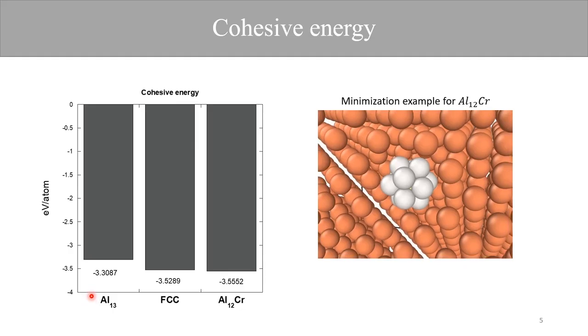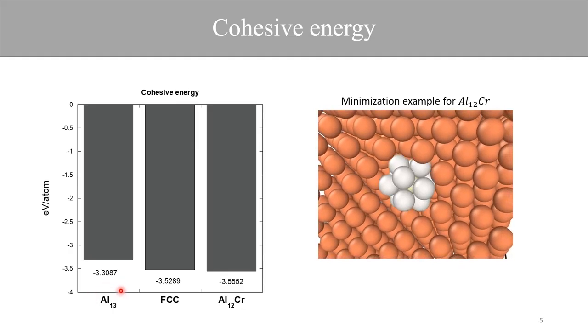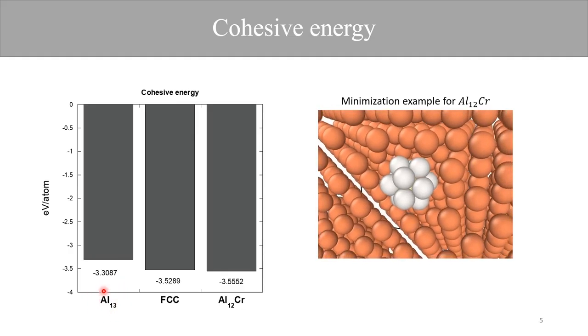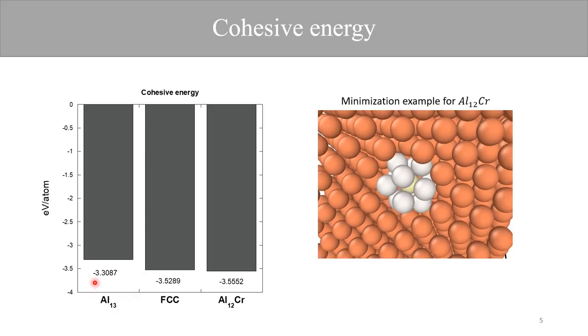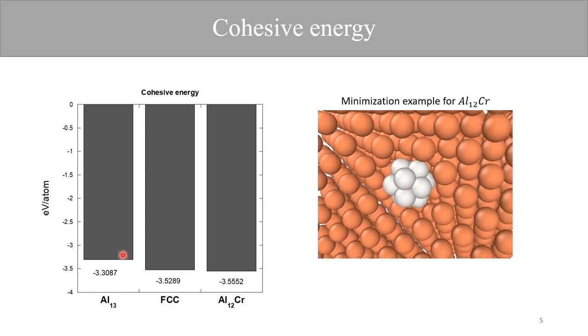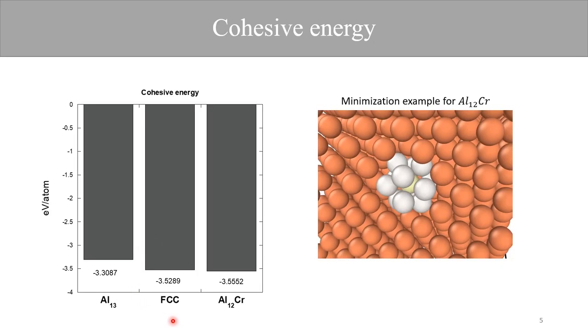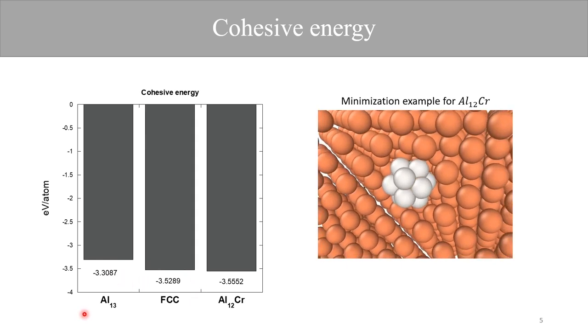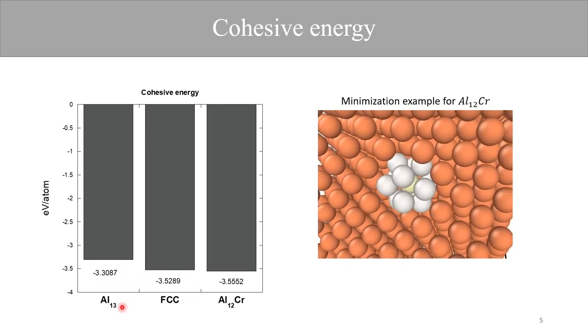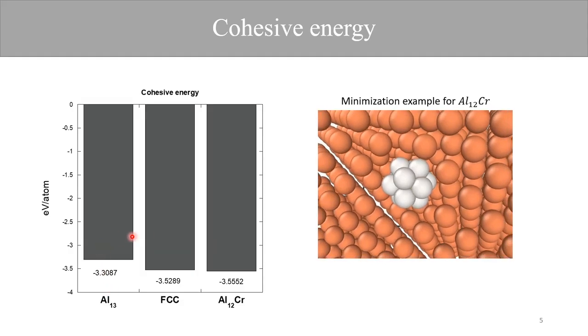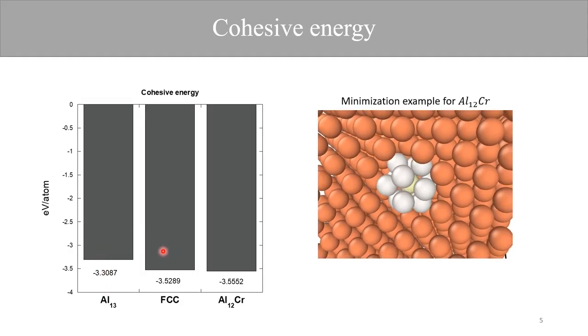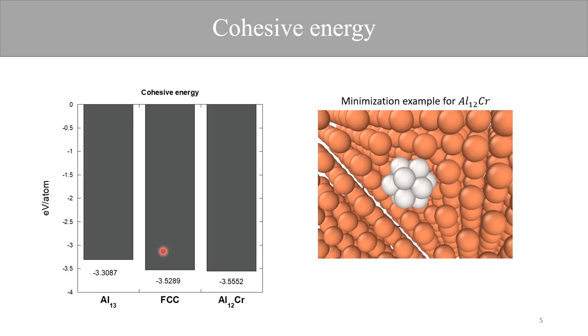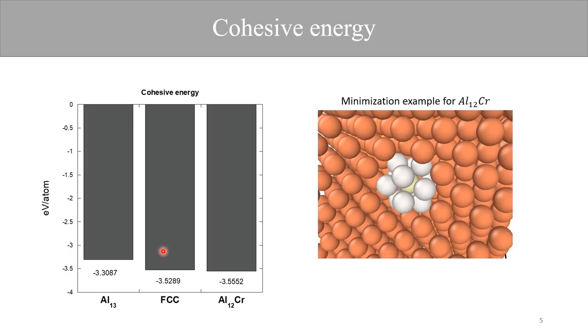So from the results, we can see that the aluminum atoms in a pure aluminum icosahedron are less stable than the aluminum atoms in an FCC structure. Therefore, there's a lot of chance that aluminum atoms in this arrangement will go into FCC to promote the solidification of the periodic structure.